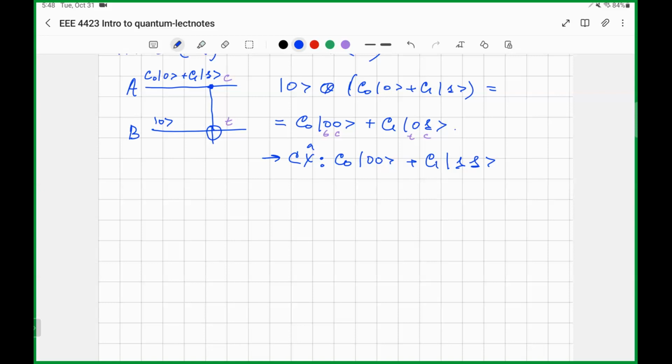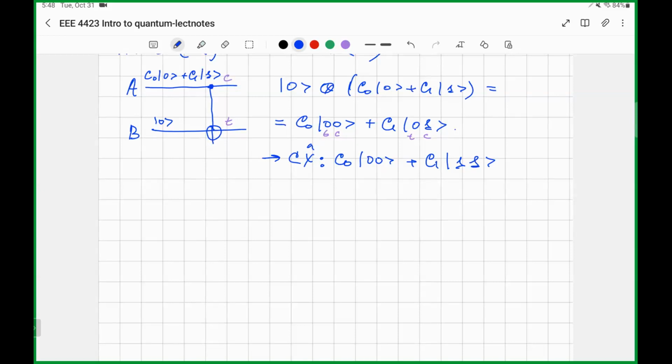Now, what can Alice do with this state? Of course, she can measure her qubit and try to transfer any information about her initial state to Bob.